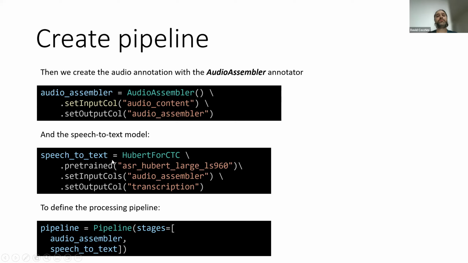And then we can use, in this example, Hubert for CTC, which is the only model that we have at this moment. We will have as input the audio assembler of the previous stage, and we will output the transcription of the audio. Then we can define the pipeline with these two stages.